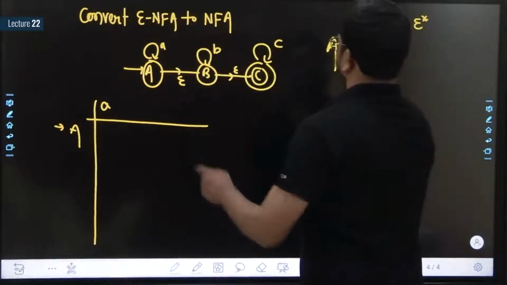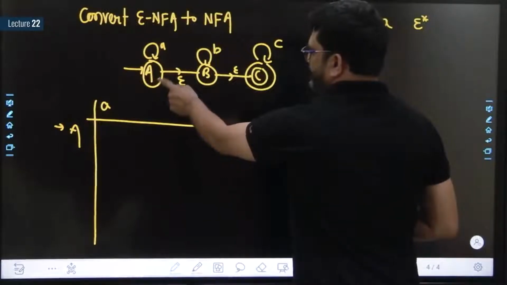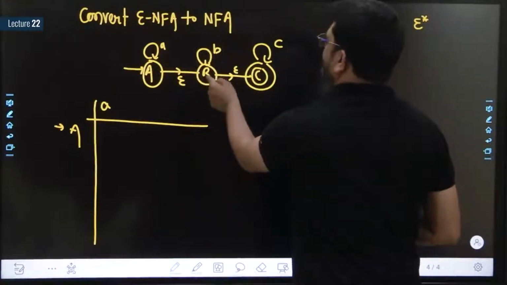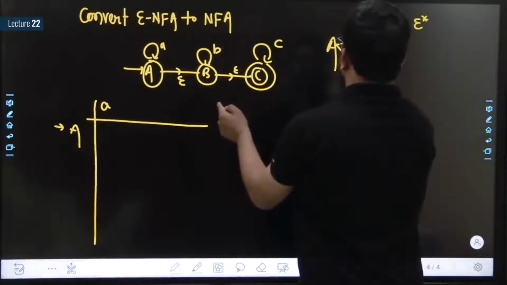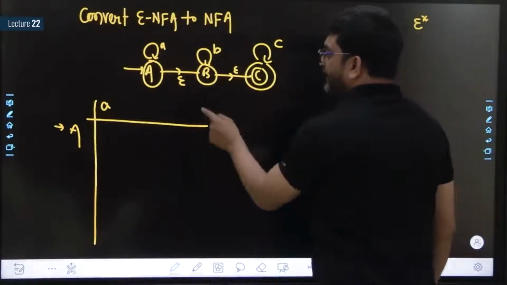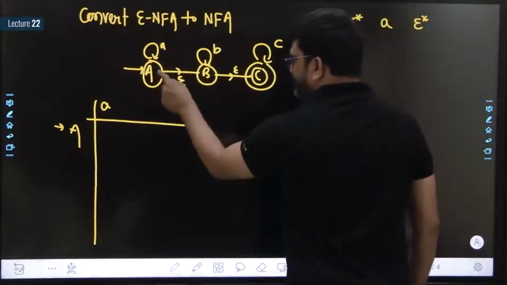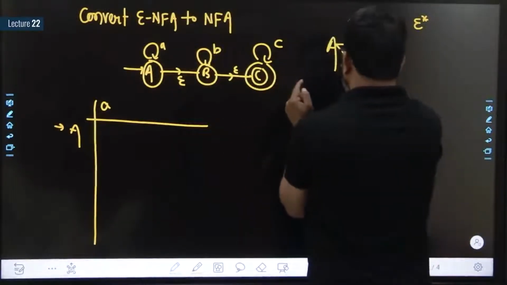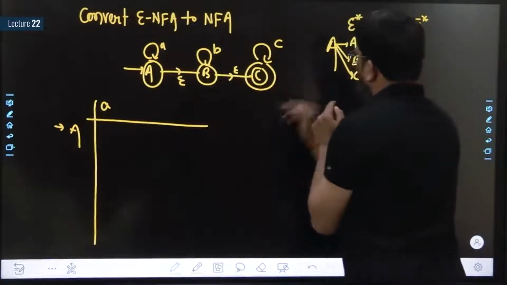A itself. By seeing epsilon, we reach B, that's why B is also in the epsilon closure of A. And by directly seeing epsilon on A, we go into C, that's why C is also in the epsilon closure of A.